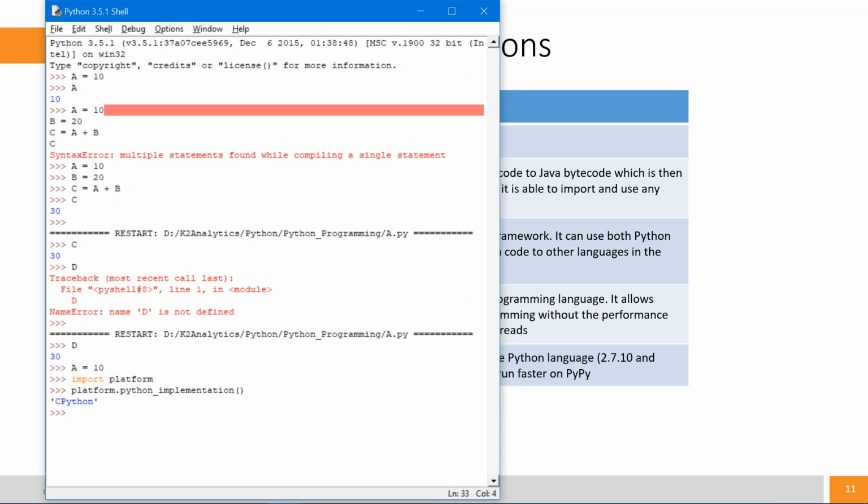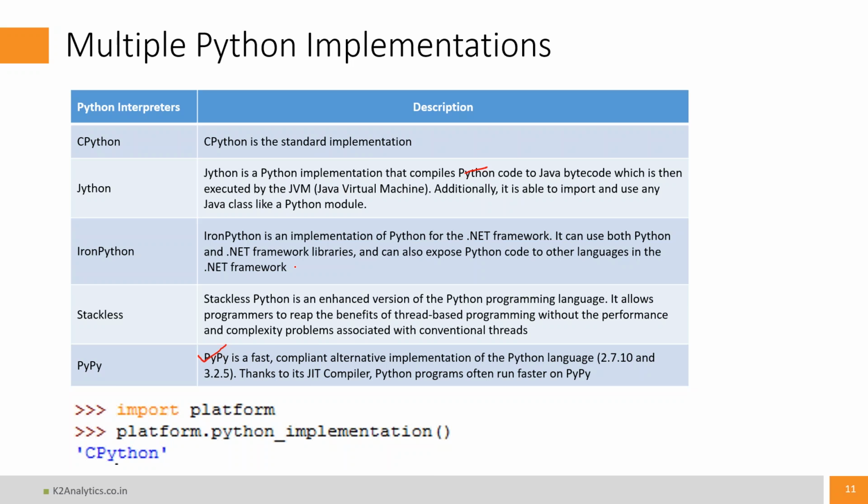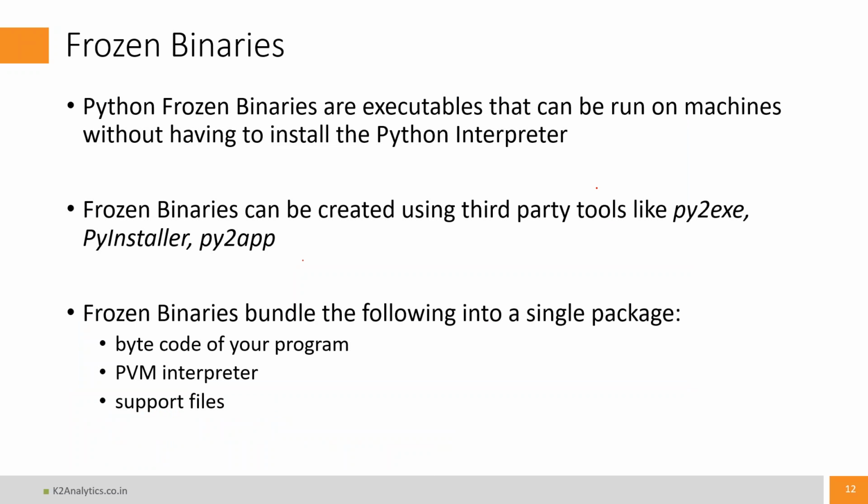So here you can see the Python implementation that we have is CPython. All of you kindly check what is the implementation of the Python that has been installed on your machine.